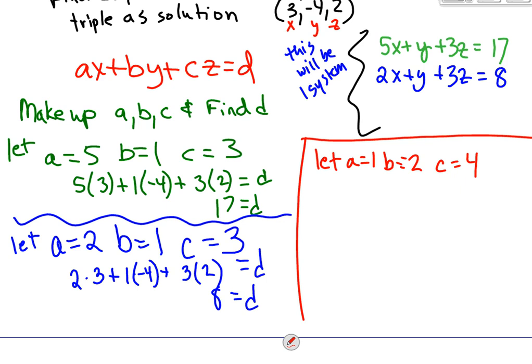So same thing, 1 times 3 plus -2 times -4, thank you, plus 4 times 2 is equal to D. And what's D this time?